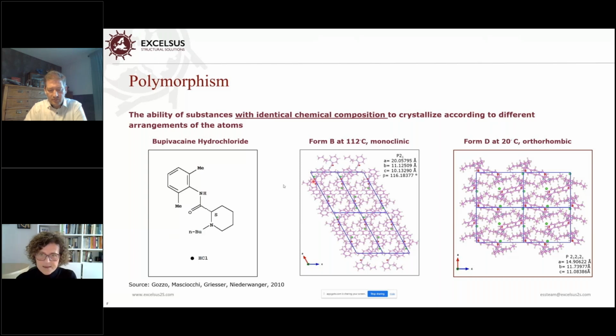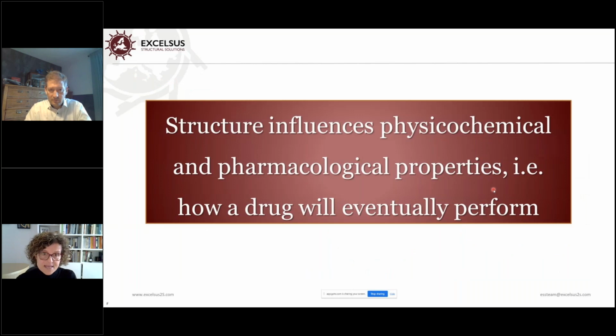And Arnaud explained to us how those forms can influence the physico-chemical properties of materials. So you here see an example of bupivacaine hydrochloride, one of the first molecules I've studied in the past. You see the same molecular formula can crystallize into very different crystal forms. And what is important, as we said, is that the structure influences the pharmacological properties, so how a drug will eventually behave.